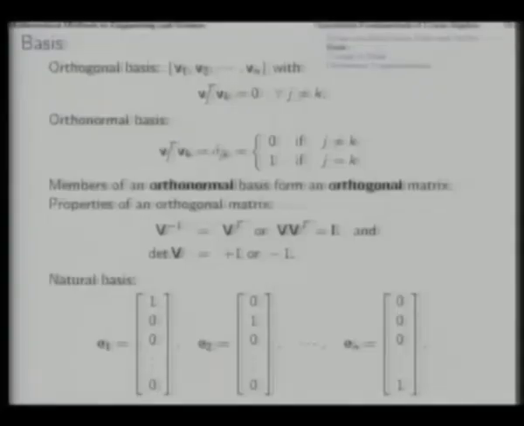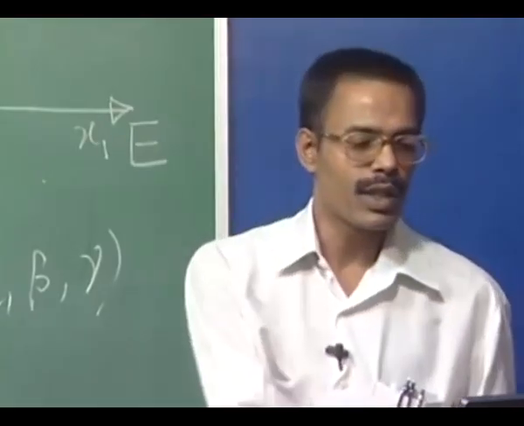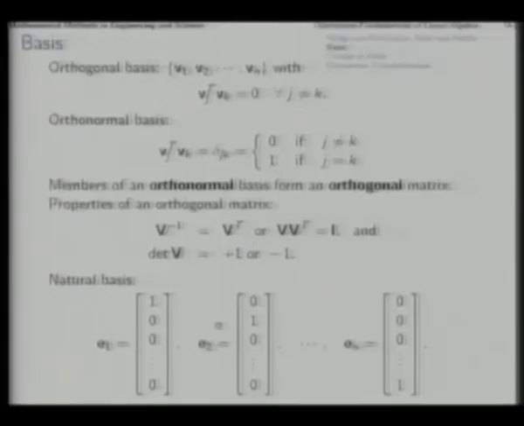Natural basis members are just this: 1 0 0 0 0, then 0 1 0 0 0, then 0 0 1 0 0, and so on. They are quite often represented with the symbols E1, E2, E3, E4 up to En. This n shows the dimension of that vector space.